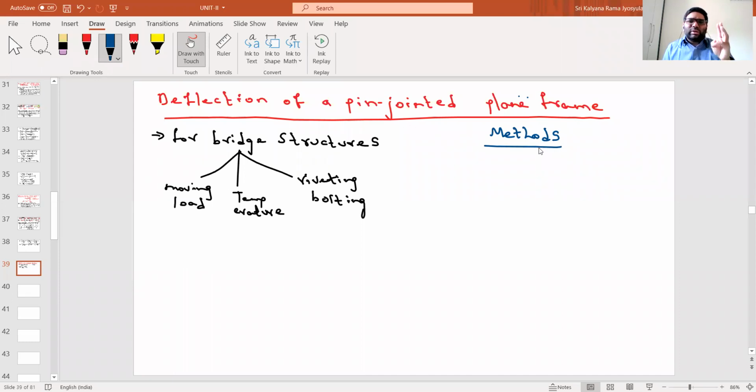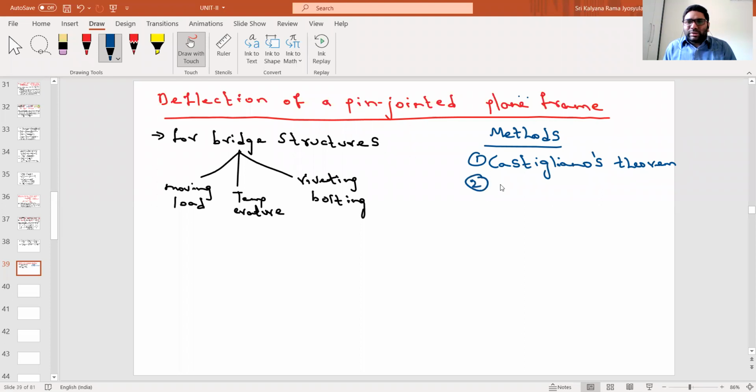First one, Castigliano's theorem. I had written conjugate beam method, because you can also use the conjugate beam method concept to calculate the deflection of a pin jointed plane frame, but it is linked to something else, so let us not touch that now.